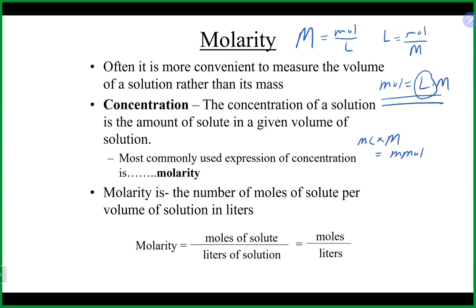The reason why these things sometimes work and why sometimes people will multiply milliliters by molarity is that another version of molarity is actually millimoles divided by milliliter. And that's because if you take the milli on top and the milli on the bottom, they cancel and you're back to moles per liter, which is the same.